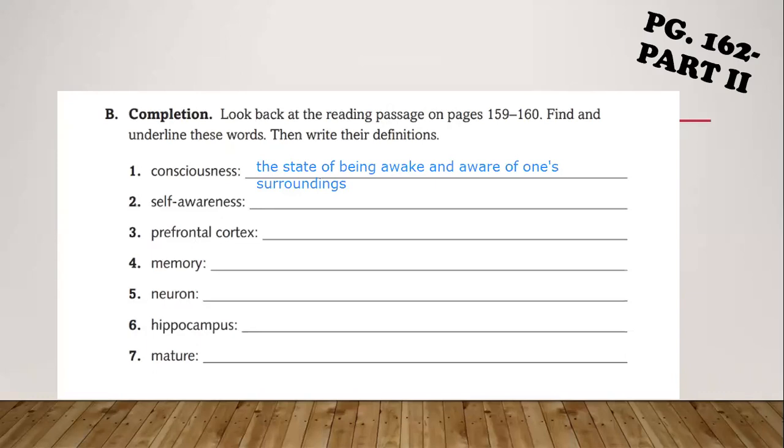How about number 2? Who is in charge of number 2? Okay, let's see. I'm going to give you a hint. You can find the definition between line 26 up to 27. Number 2, between line 26 up to 27.